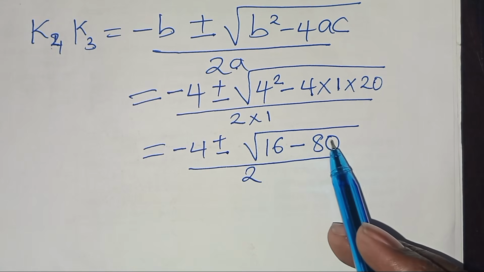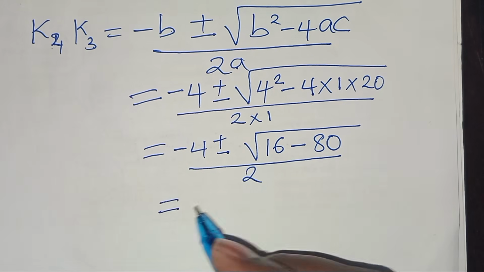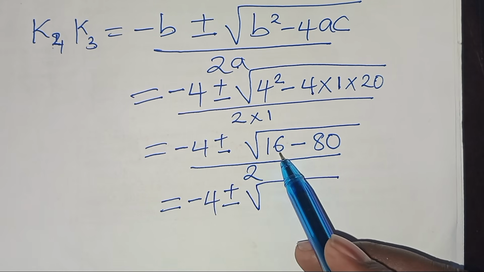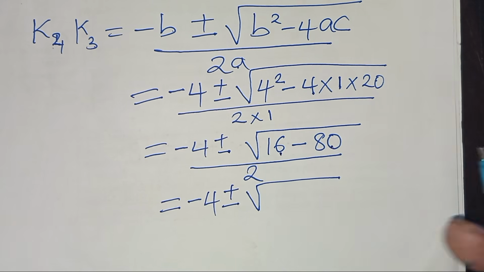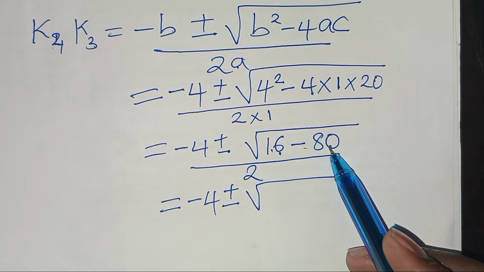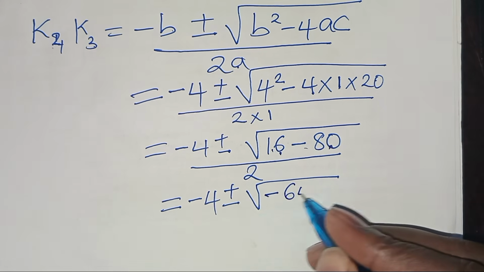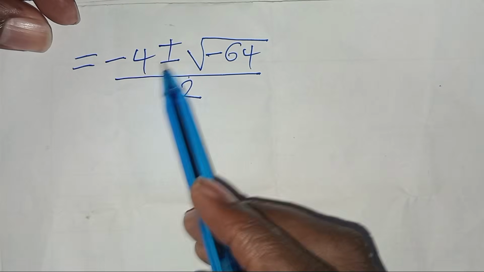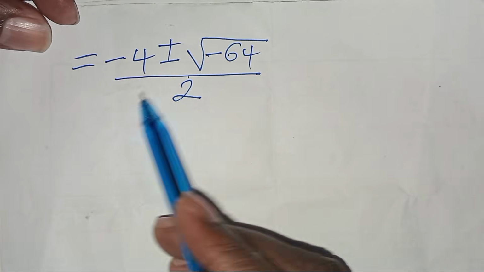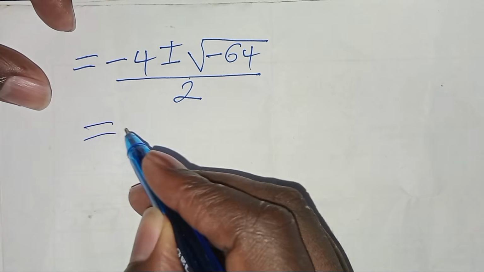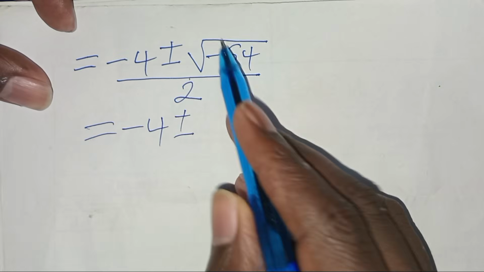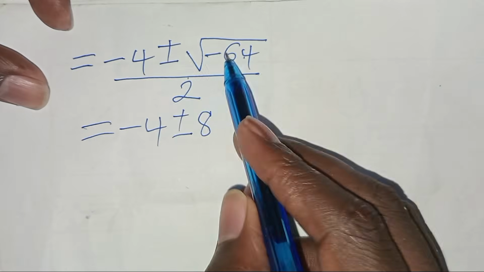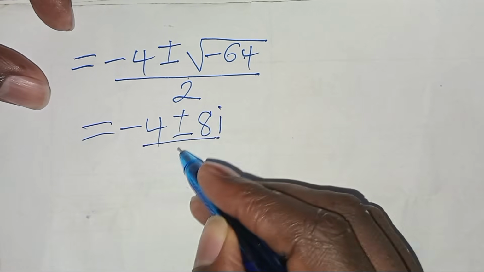Now, we have negative 4 plus or minus the square root of 16 subtract 80, which is equal to negative 64, divided by 2. So this is the same thing as negative 4 plus or minus the square root of 64, which is 8, and the square root of negative 1, which is i, divided by 2.